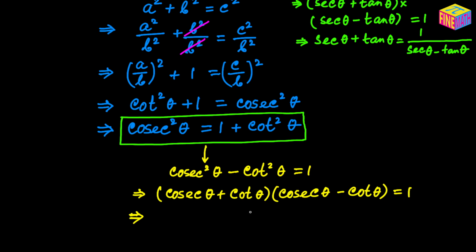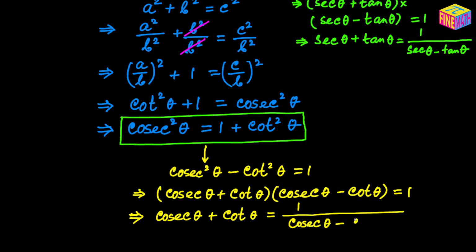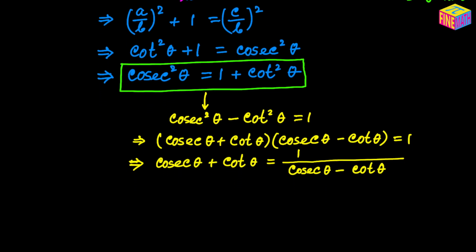So cosec theta plus cot theta is equal to 1 divided by cosec theta minus cot theta. Similarly, cosec theta minus cot theta will be equal to 1 divided by cosec theta plus cot theta.